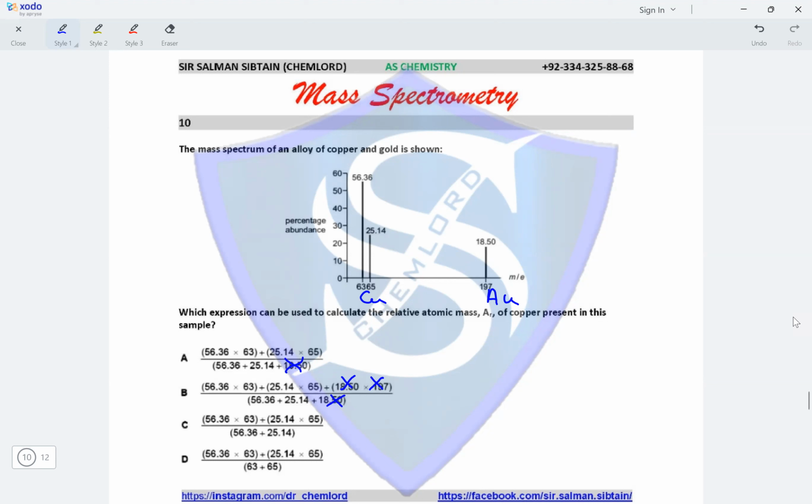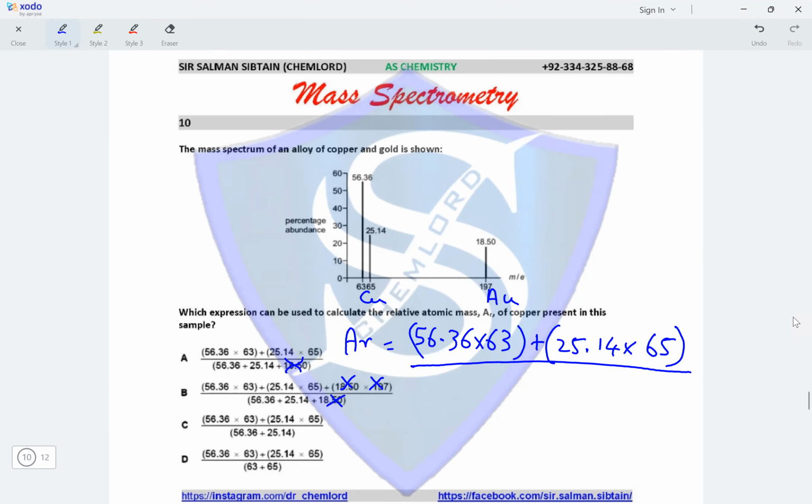So now in order to calculate the Ar of copper, we must have 56.36 multiplied by 63 in the numerator, added to 25.14 multiplied by 65 in the numerator, and divided by the percentages of each isotope in the denominator, which would be 56.36 plus 25.14.